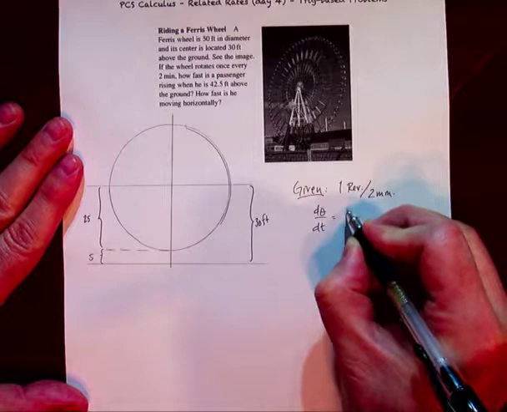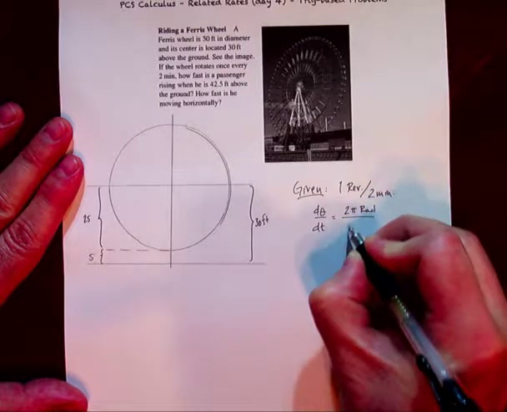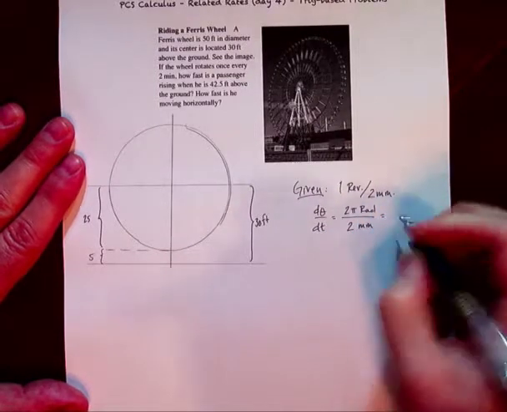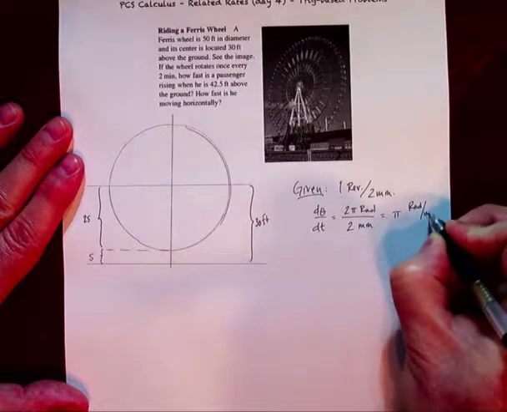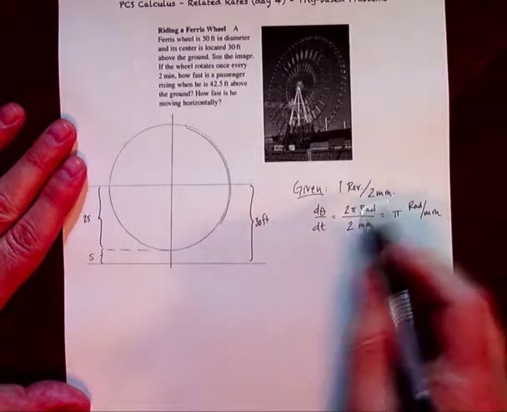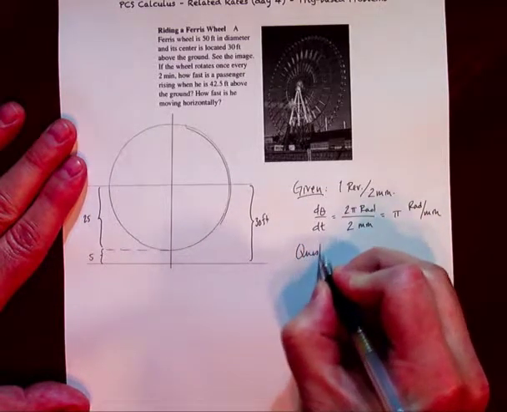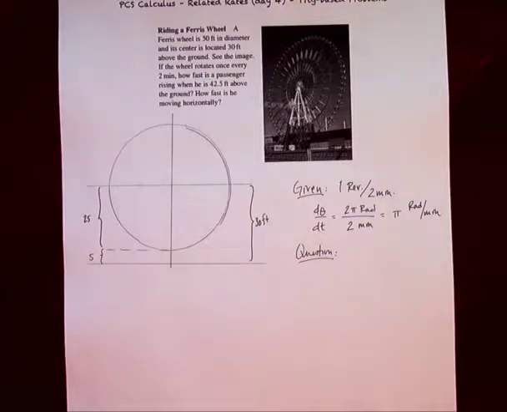In 1 revolution, there are 2 pi radians, divided by every 2 minutes. So that winds up being pi radians per minute. Okay, so we have d theta dt, and all it was really was 1 step away from the information that was given.